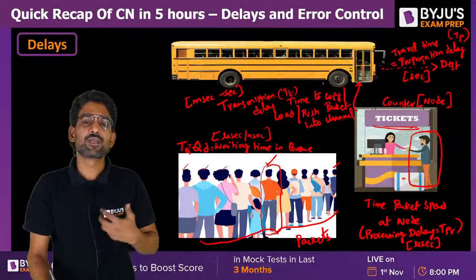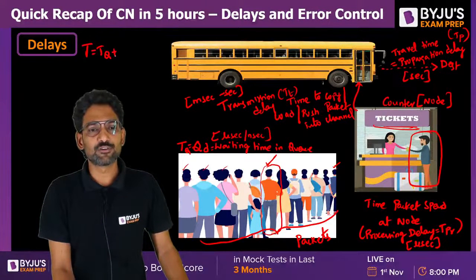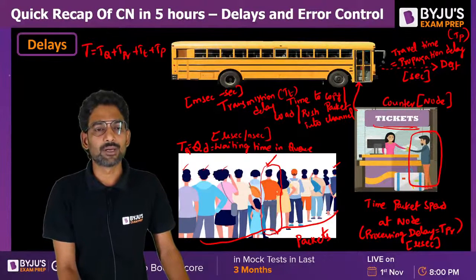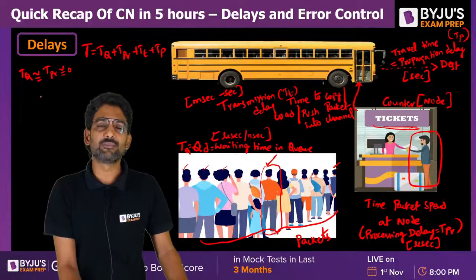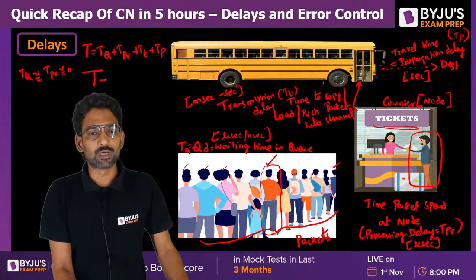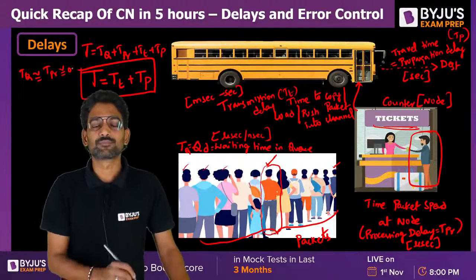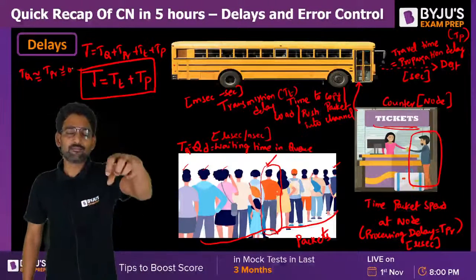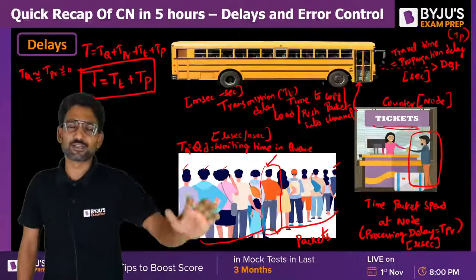propagation delay. So actually T is the summation of TQ, TPR, TT plus TP. But if I neglect TQ and TPR as they are very, very minute, then what would be the total time? Transmission delay plus propagation delay. Now everybody focus on these two, transmission delay and propagation delay.